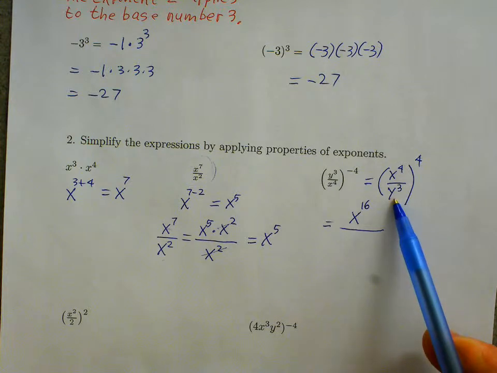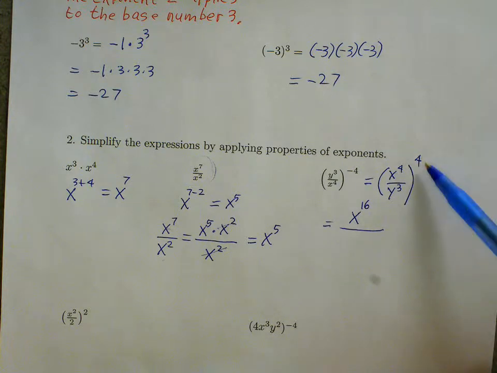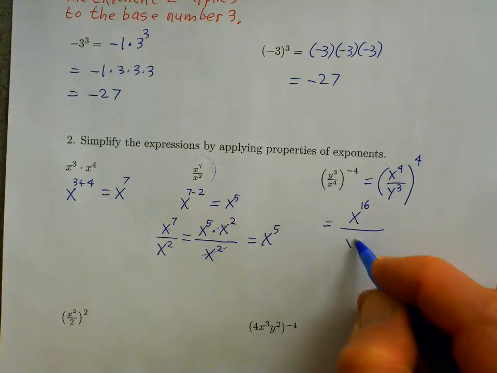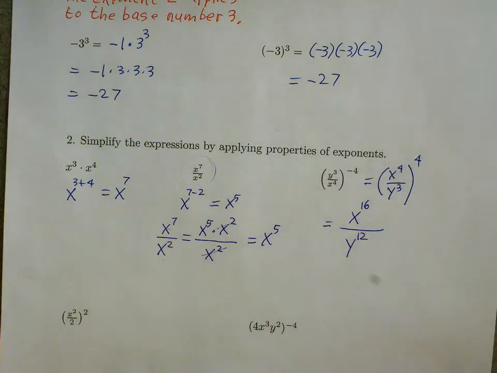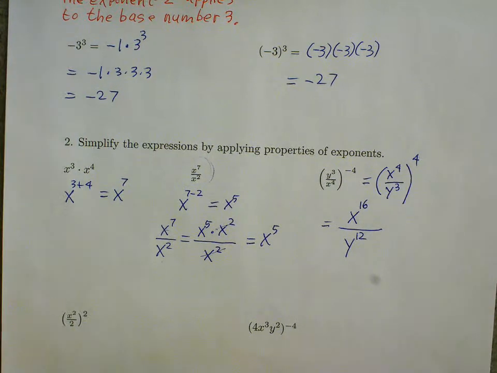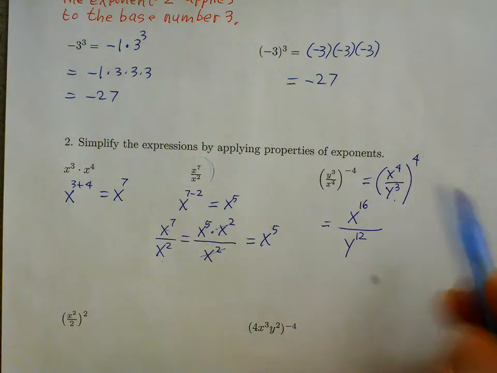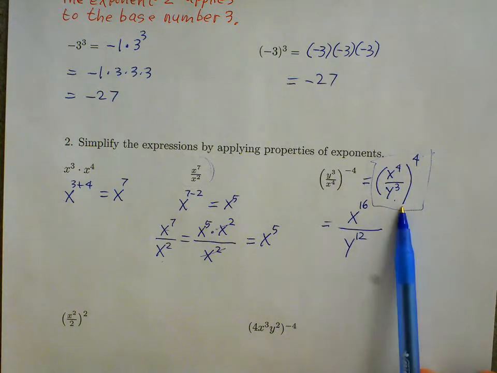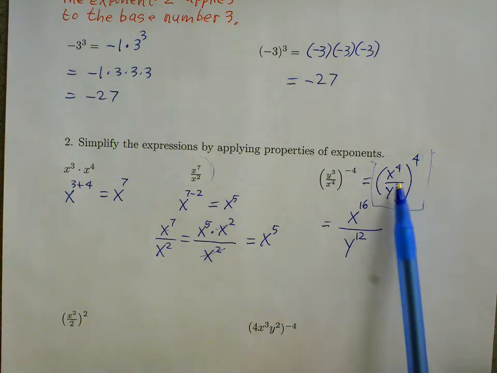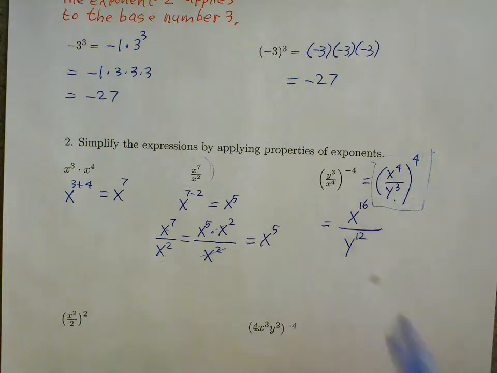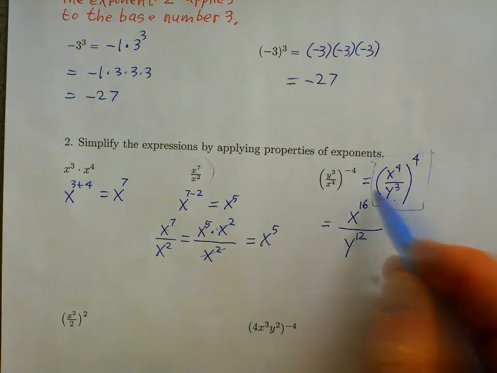And then in the denominator, we multiply the exponents, 4 times 3, so the exponent on y in the denominator is 12. If you don't remember that maneuver, then you can use a more fundamental property. If you have something raised to the 4th power, you could write this.